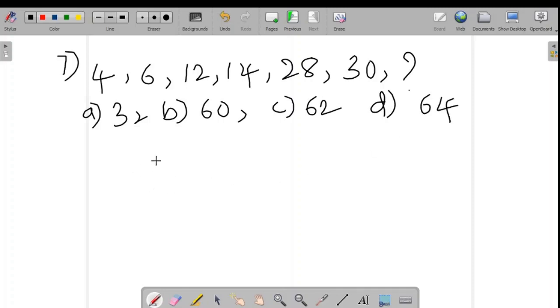Let us understand here. This sequence 4, 6, 12, 14, 28, 30. So can we try to have two sequences like this? Observe it like this.